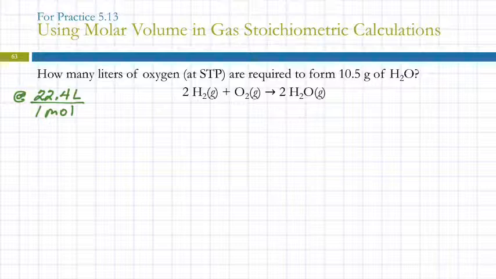So this question is asking us how many liters of oxygen at STP are required to form 10.5 grams of H2O. So I want 10.5 grams of H2O. And the question is how many liters of oxygen? The question goes here under O2, and we want liters.